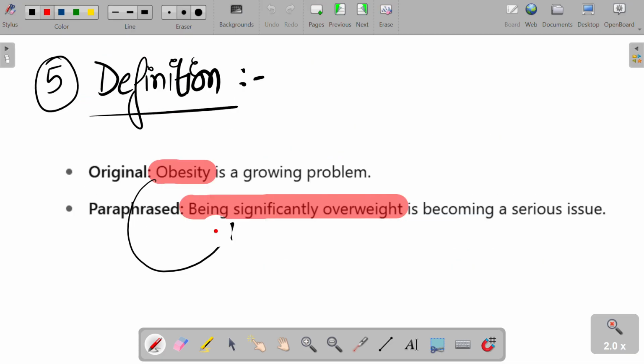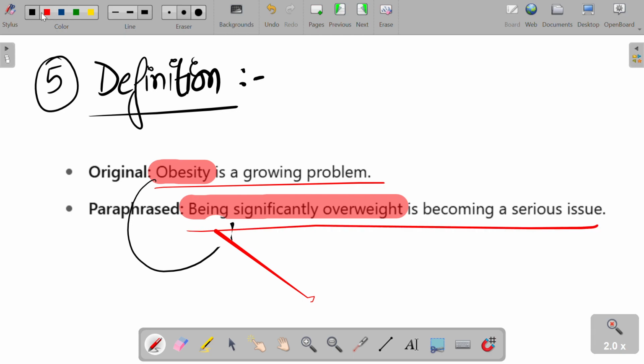Another kind of paraphrasing strategy is where you give a definition. In the original sentence it says this, while in the paraphrased sentence, it just gives the definition of the word. So instead of writing obesity, it's writing being significantly overweight.